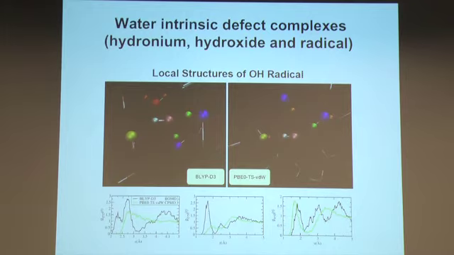So essentially what one sees from this pair correlation function is that if one uses a GGA functional, this system gives rise to a much more stable defect complex with several bonds between this radical and neighboring molecules.